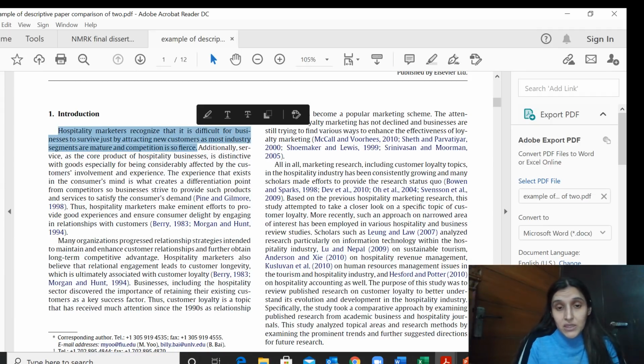What is the problem the researcher is exaggerating over here in the introduction? He's exaggerating to say that the hospitality market is really struggling. The hospitality market is in a problematic situation, very agitated. Why? Because there's a lot of competition.